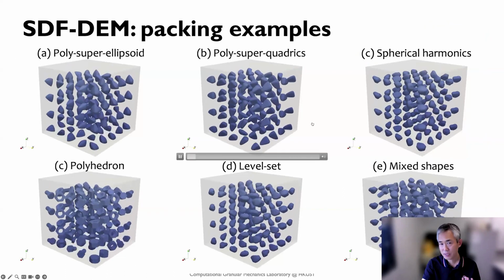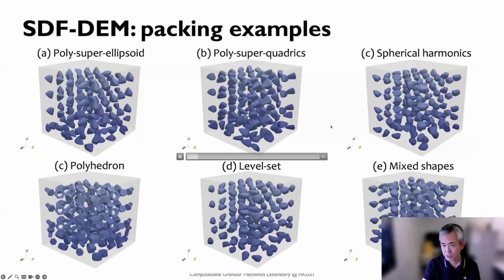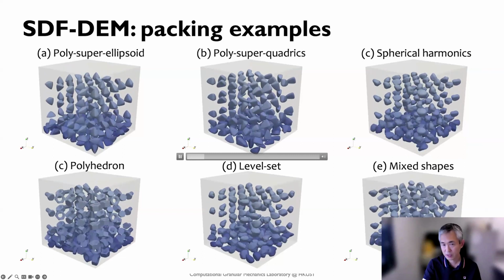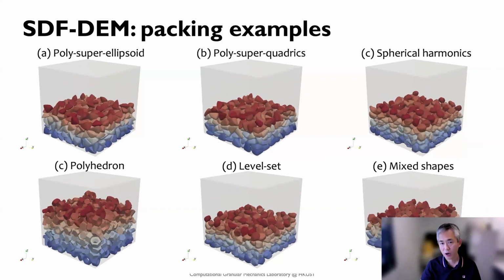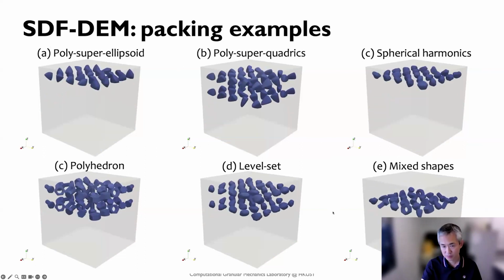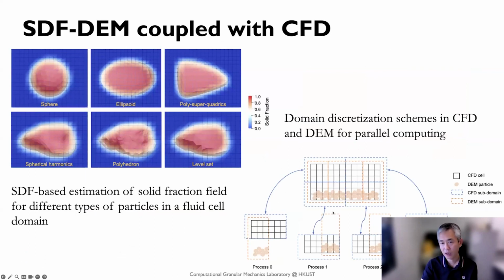And also for the particle itself, as I mentioned in yesterday's lecture, we can use different modeling approaches to approximate the shape. For example, we can use a signed distance filter method to generate DEM packing with quite a complex arbitrary shape. And then we can further couple with CFD in different schemes, and the coupling can also leverage GPU computations and parallel computing.